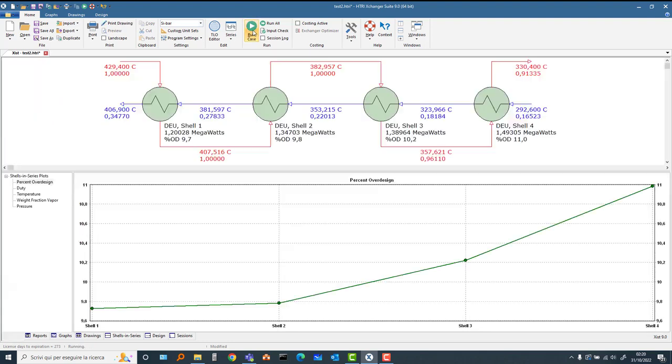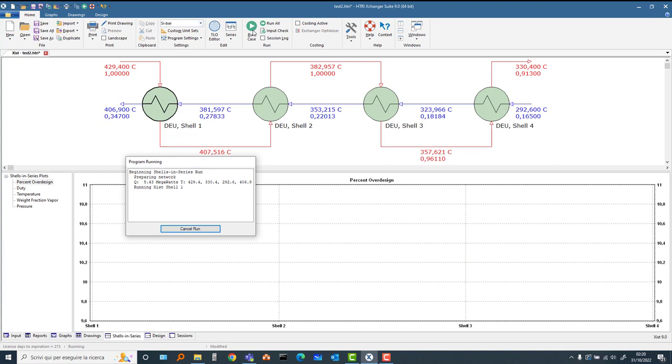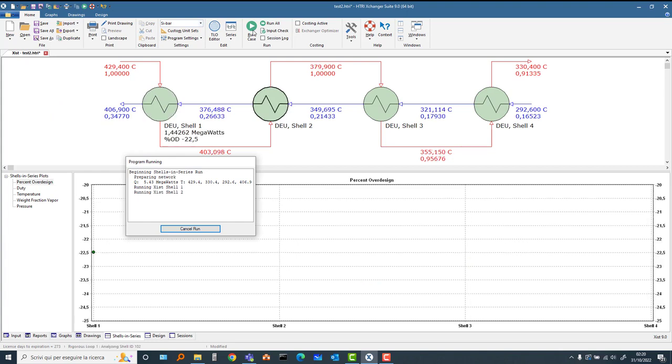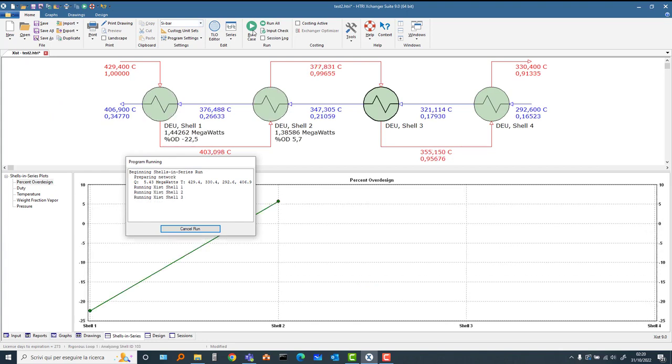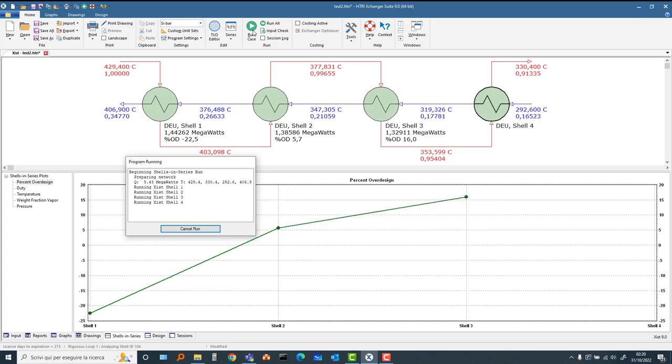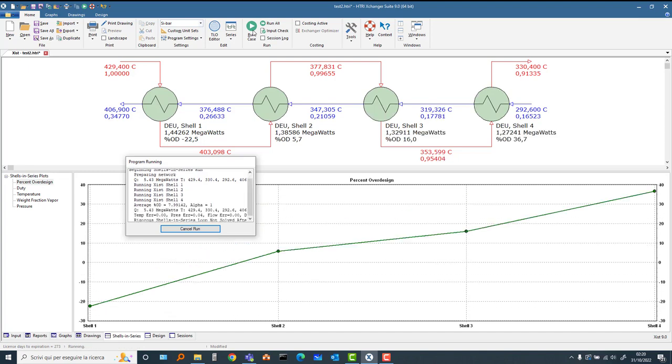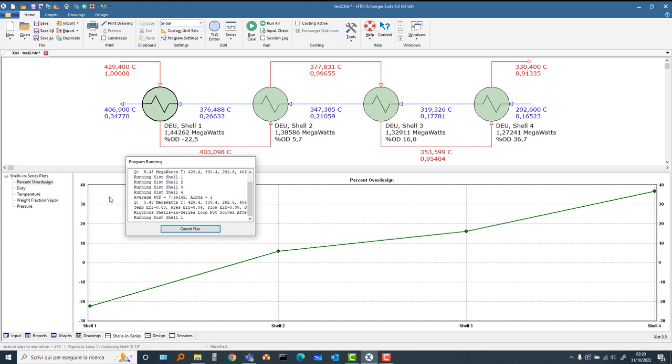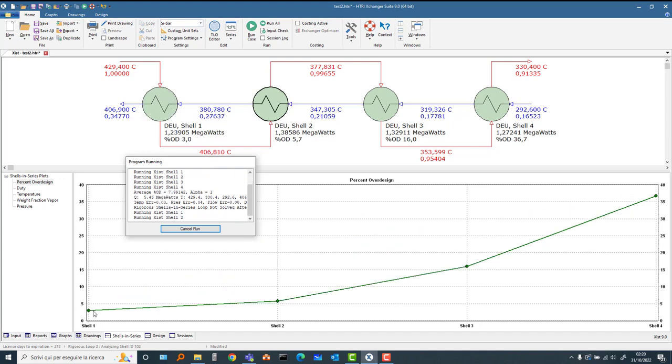And we run the exchanger again to see what really happens in this case. Of course, we must always be patient. Oh, I see very low. Oh no, now they are higher.